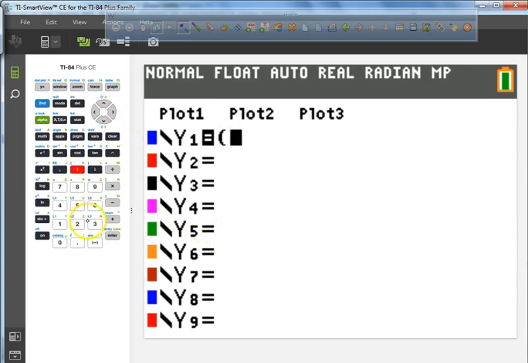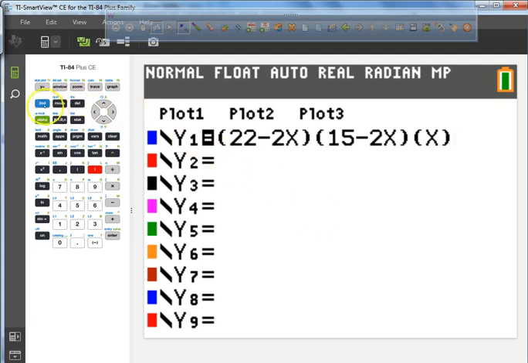Here we go. So you're going to write 22 minus 2x. Then you're going to say 15 minus 2x. And then over here, the height was x.